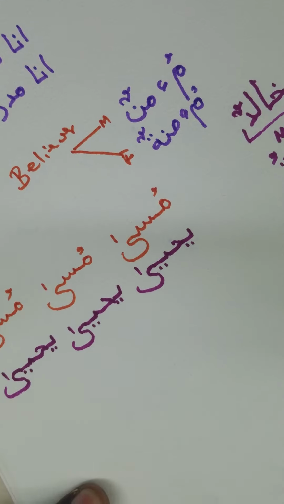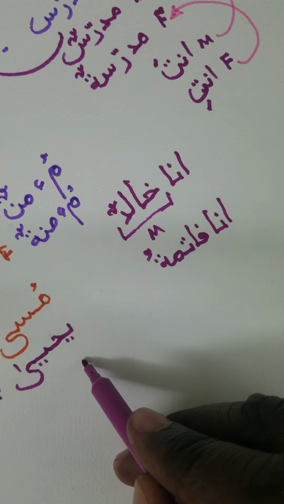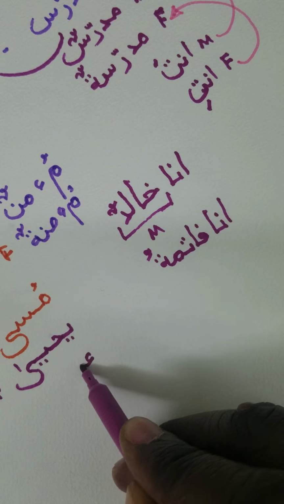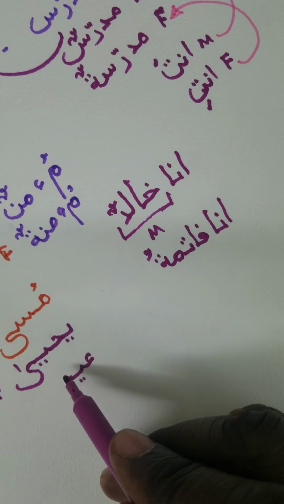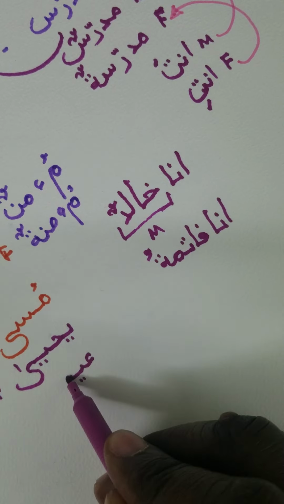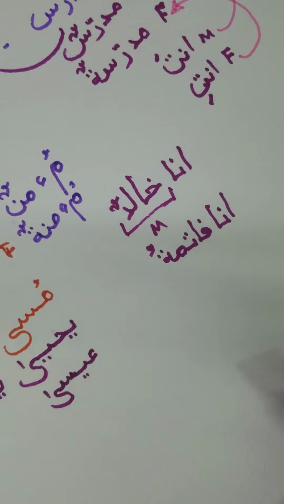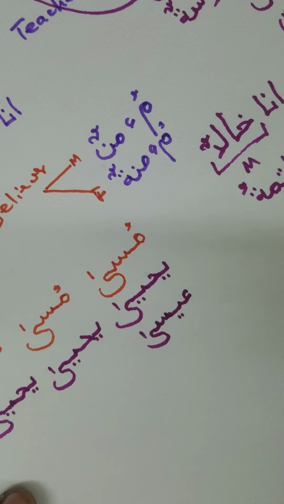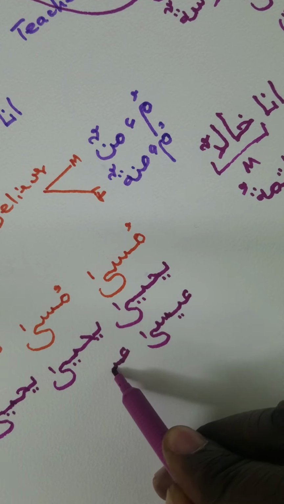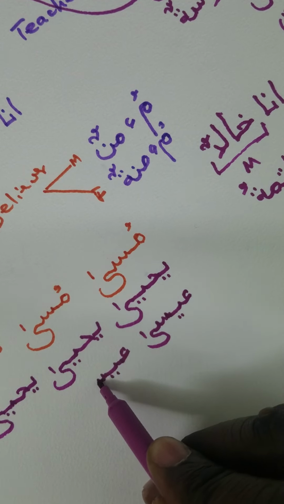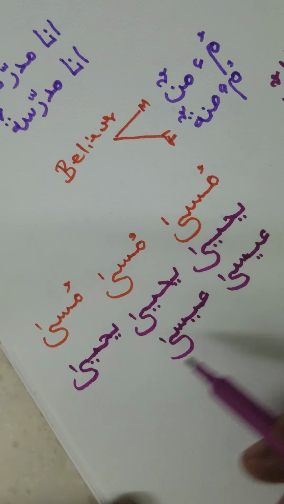They don't change. We have another name that we saw, which was Isa. Isa, just like these other names, will also appear the same way. Isa, case 1. Case 2 will also be Isa, and case 3 will also be Isa.